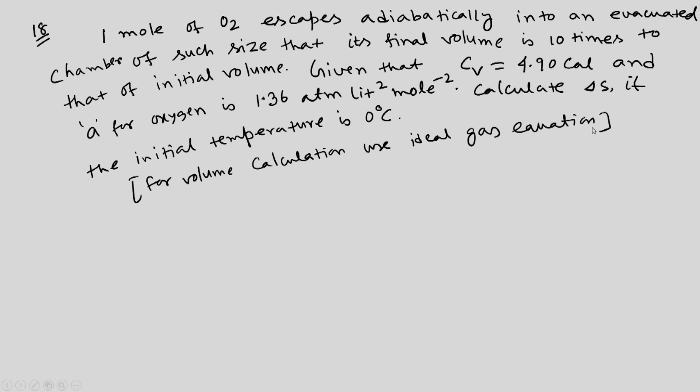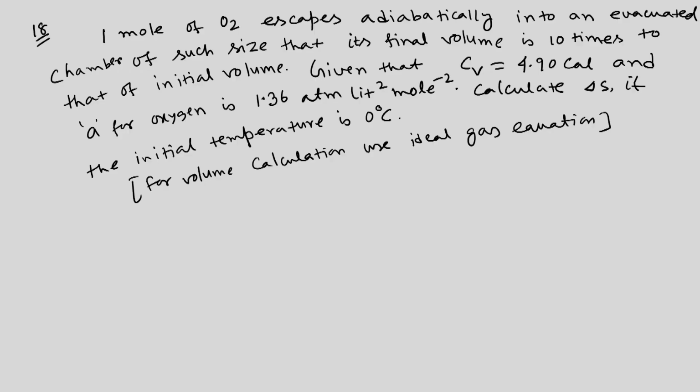So again, this is an interesting problem. 1 mole of oxygen escapes adiabatically into an evacuated chamber of such size that its final volume is 10 times that of initial volume. Given that Cv equals 4.9 calorie and A for oxygen is 1.36 atmosphere liter squared per mole squared, calculate delta S if the initial temperature is 0 degree Celsius.